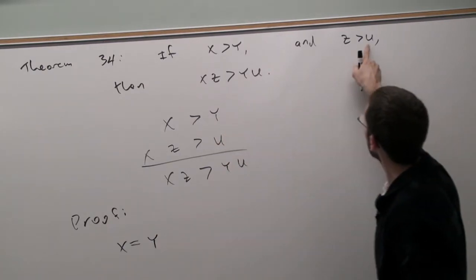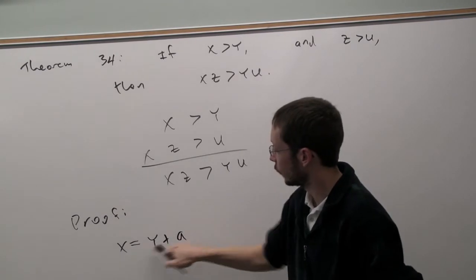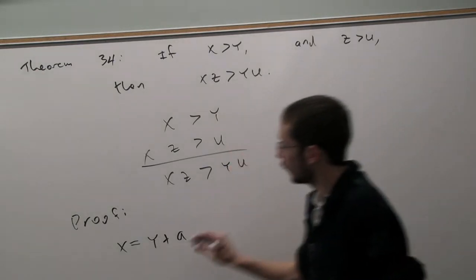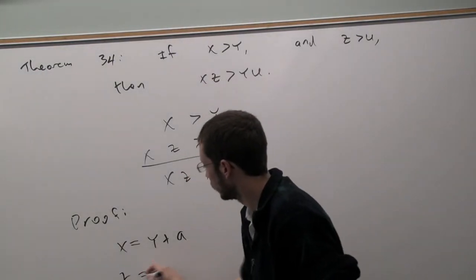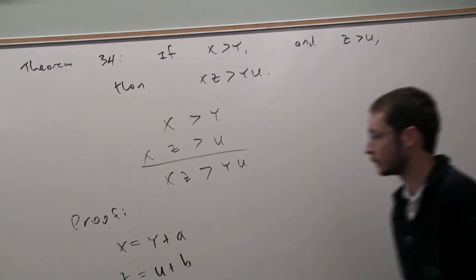Now we're using the variable u already, so we'll give it a different name. We'll call it y plus a. X is y plus a little bit. And what does it mean that z is greater than u? It says z is equal to u plus a little bit more.